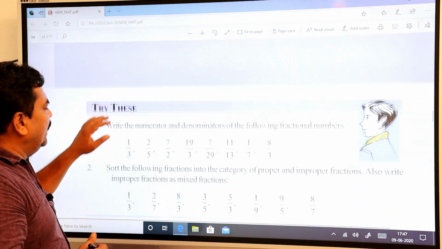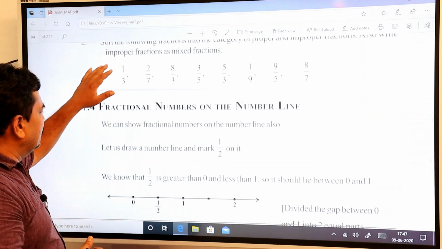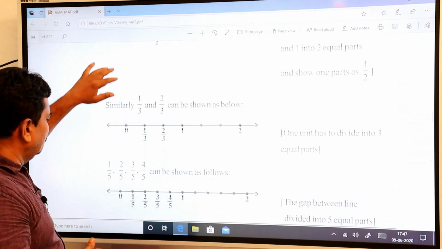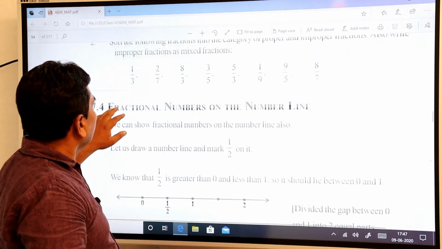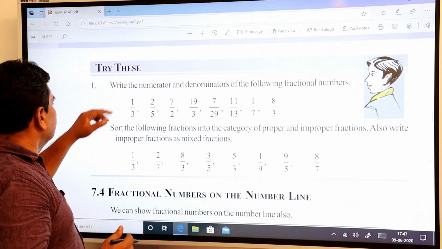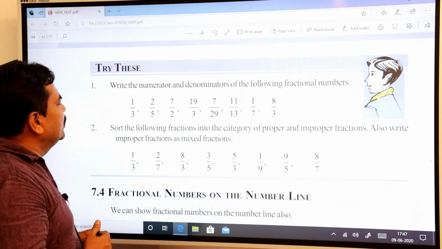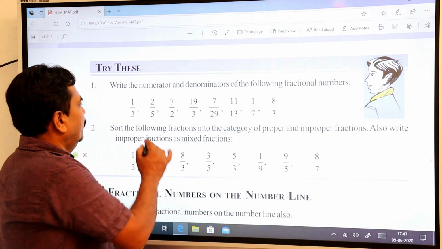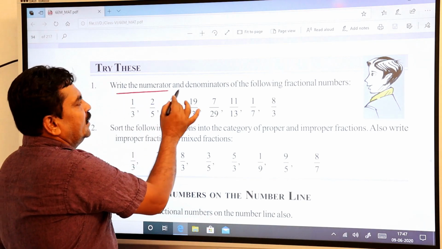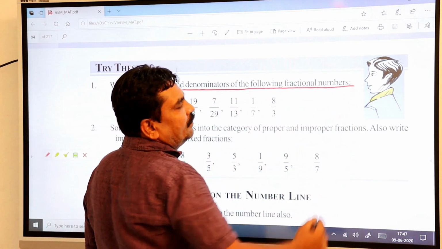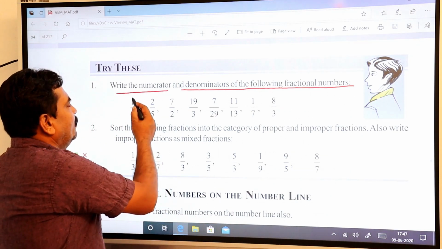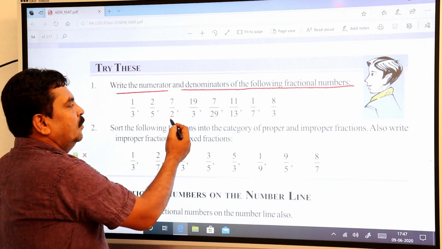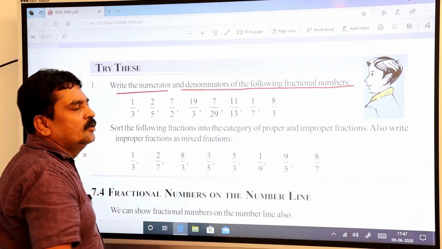You have to just find it out. That is page number 87. Try these is asking you to write the numerators and denominators of the following fractional numbers: 1 by 3, 2 by 5, 7 by 2, 19 by 3, 7 by 29.